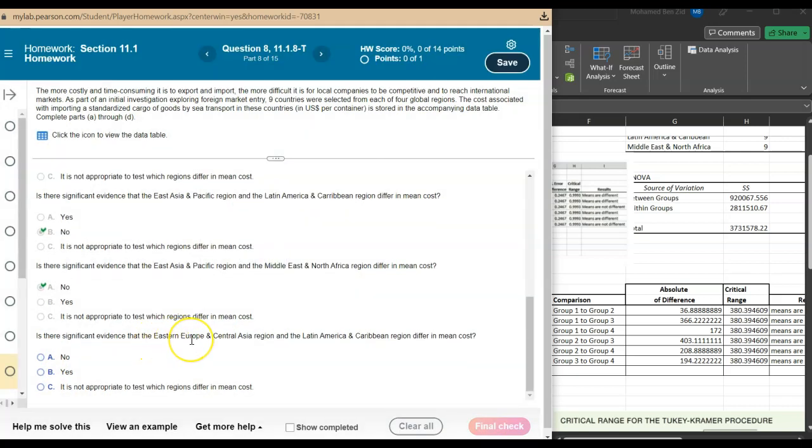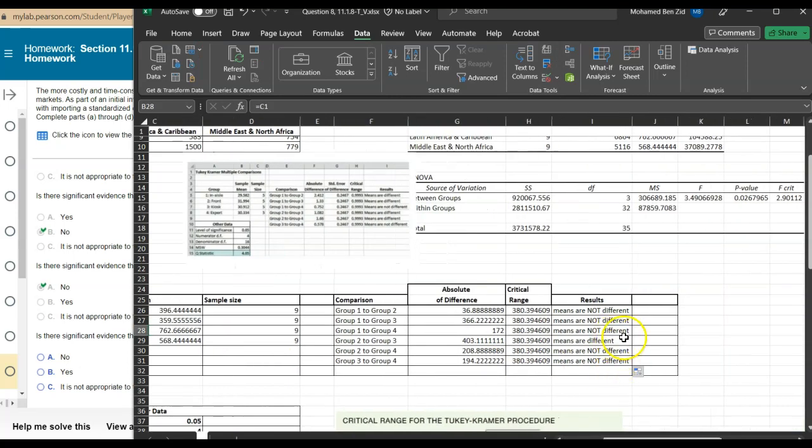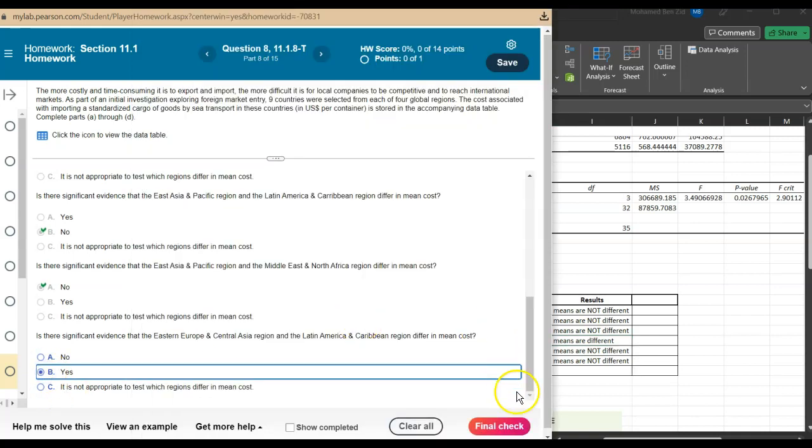And this one, Eastern Europe and Latin America. Eastern Europe and Central Asia is the first one, and Latin America is the second one. They are the only groups that are different here. That's the pair I'm looking for, 2 and 3. So yes, we have proved that they are different.